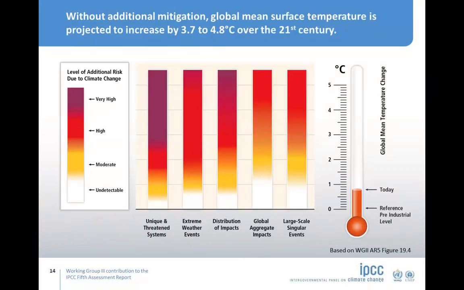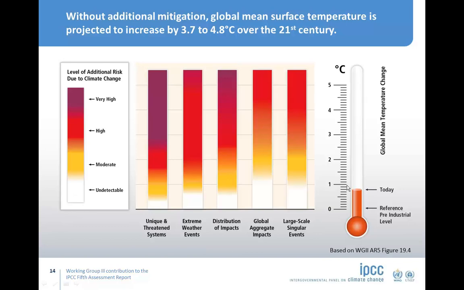And without additional mitigation, the global mean surface temperature is projected to increase by 3.7 to 4.8 degrees centigrade over this century. So that's what we're facing unless we can increase the mitigation. And what we're looking at in the graph here is the level of additional risk due to climate change, from very low risk through to very high risk.